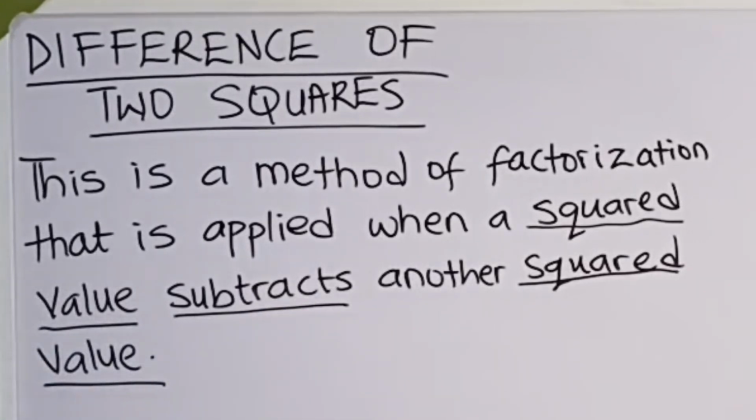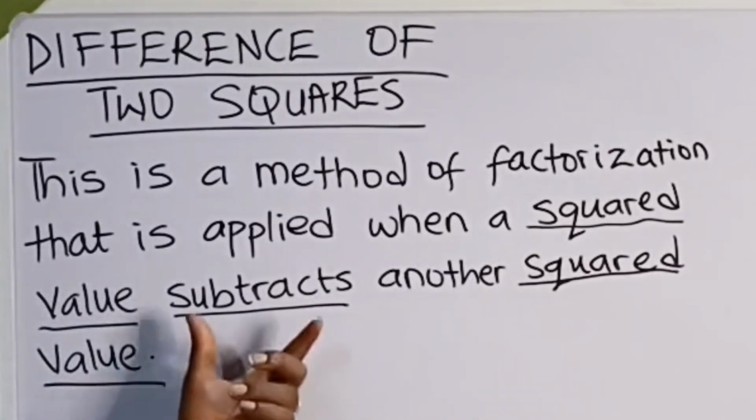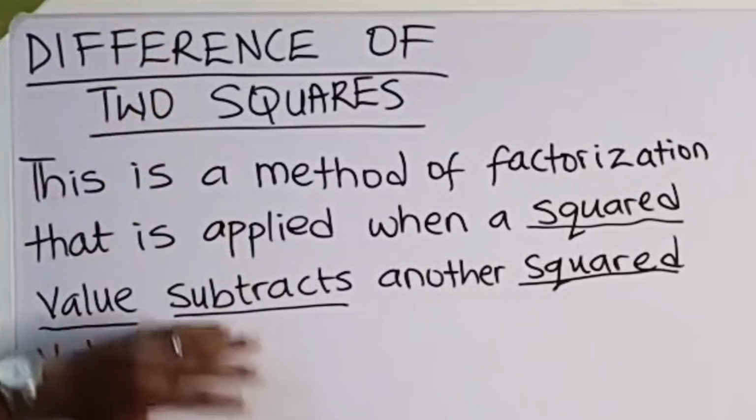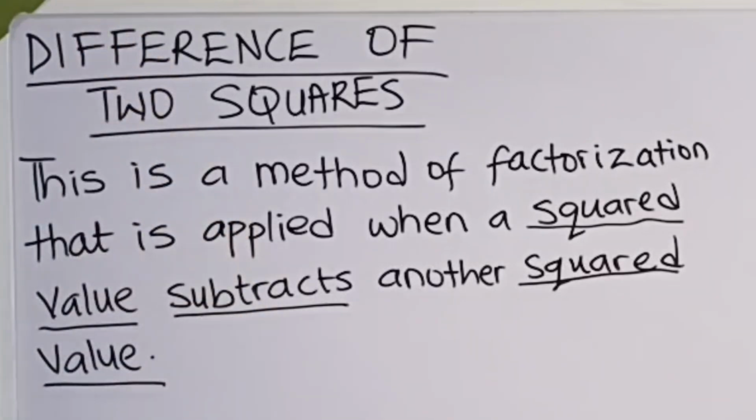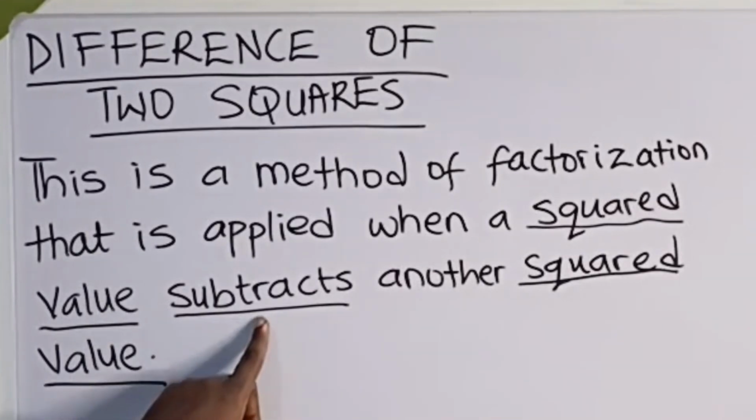So if you have a question on factorization and you see addition, know that you cannot use difference of two squares. A good hint that you might apply difference of two squares is the presence of subtraction in a particular question.